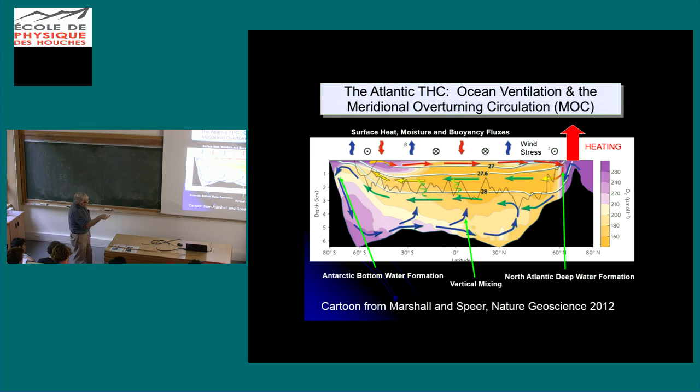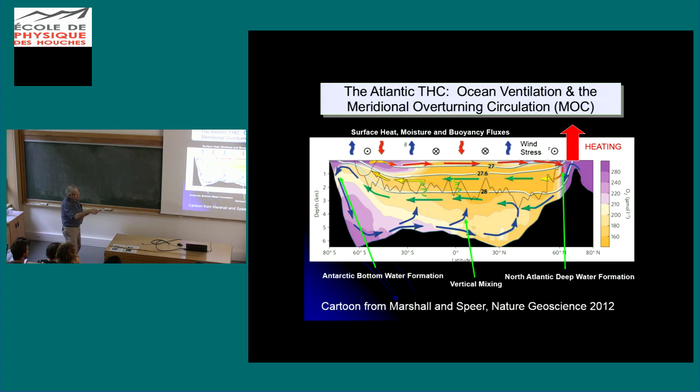So this diagram superimposes the oxygen content of the ocean as shown on a transect from the north to the south, Antarctica on the left, Greenland, Iceland, Sill on the right.